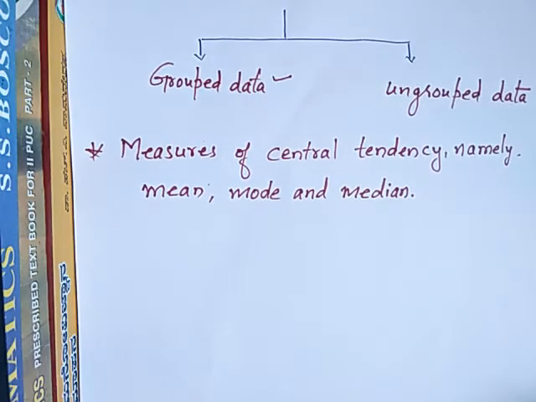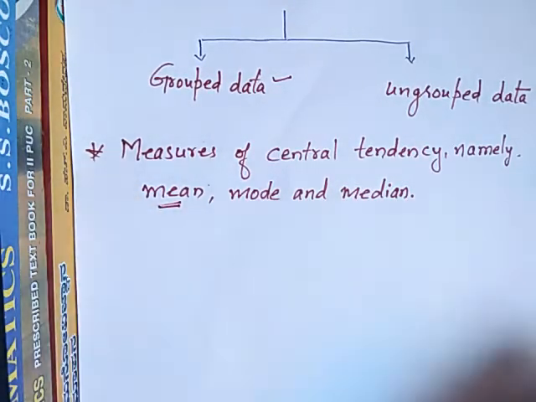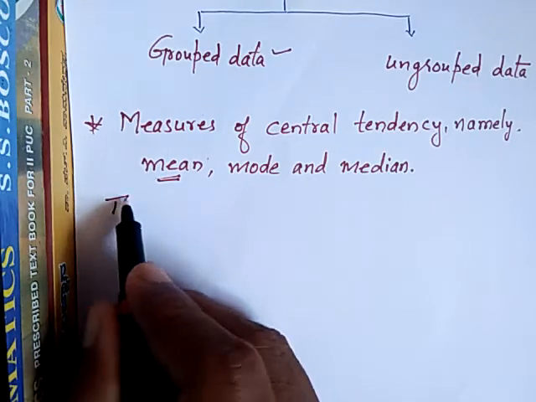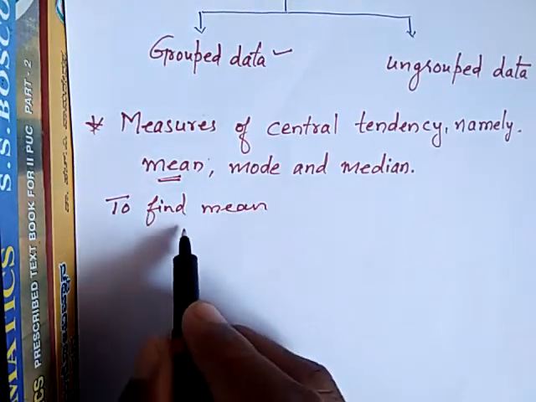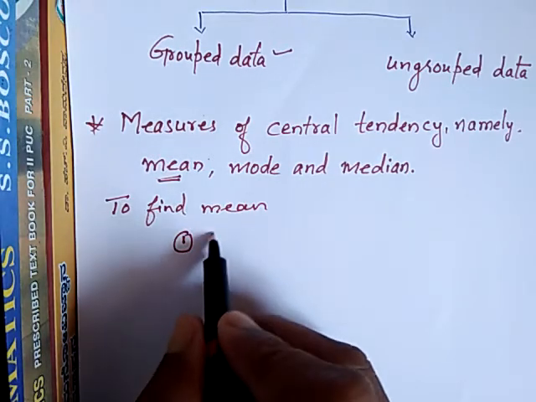So first we will find the mean. To find the mean there are three methods. First one is the direct method.